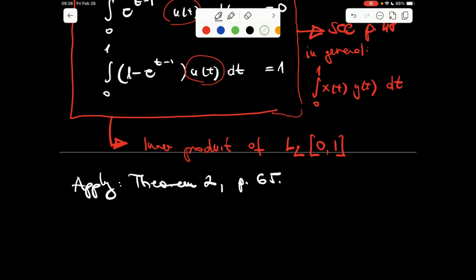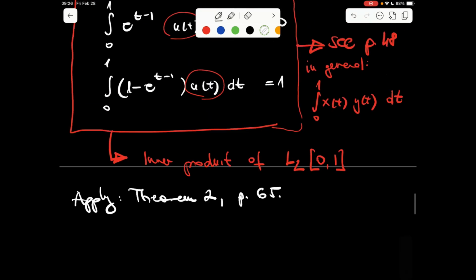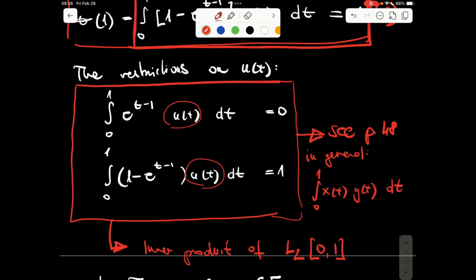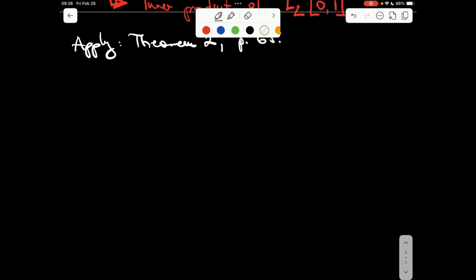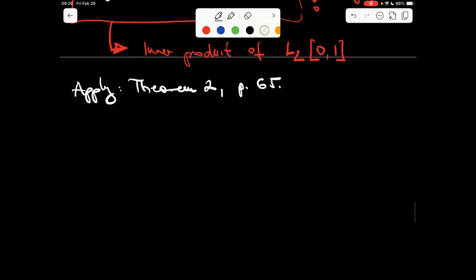So let's rewrite the restrictions. So we have two restrictions, 1 and 2, and let's rewrite these restrictions in the language of theorem 2 of page 65. So this is 0 and this is 1, right?